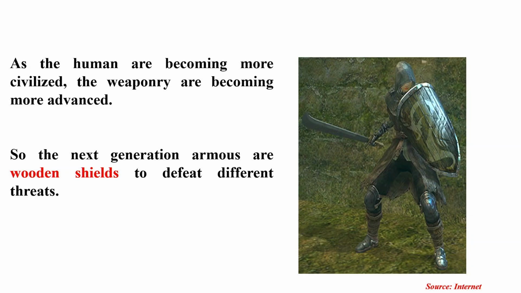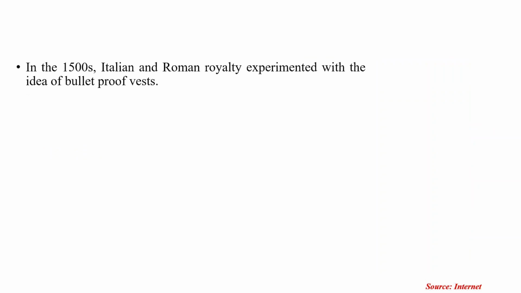The next generation of body armor was the wooden shield, to defeat different types of threats. People used wooden shields for protecting themselves. In the 1500s, the Russian and Roman royalties experimented with the idea of the bulletproof vest.